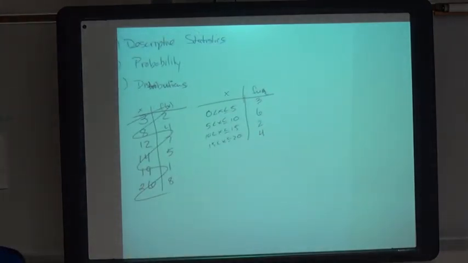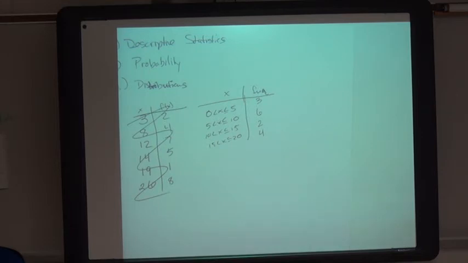We have grouped data. We could create a histogram. Can you do a histogram on here? Yeah, but you don't ever want to, because it doesn't let you pick the width of your intervals. It creates it for you, and sometimes it can create really odd intervals.